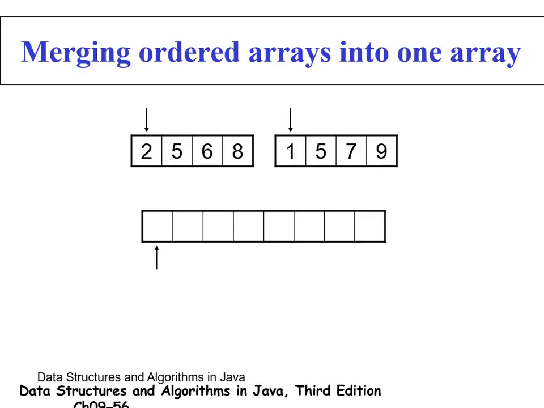Start to have two pointers. Let's say one points to A, another one points to B. Pointer A starts with 0. Pointer B starts with 0. And then what next?